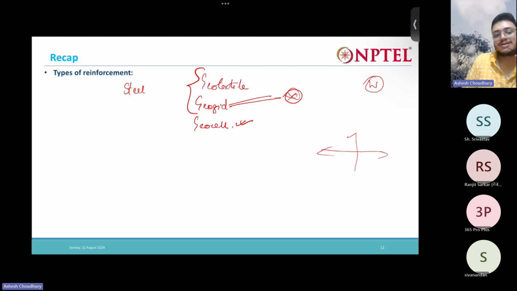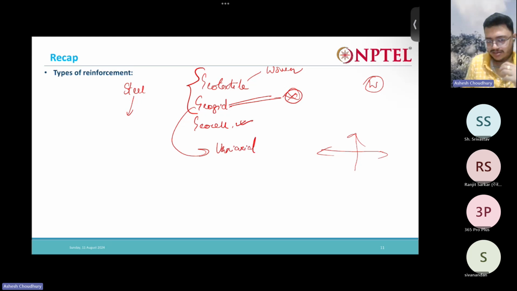And then what are the types of steel reinforcement that we can use? I am asking in what form we use them.